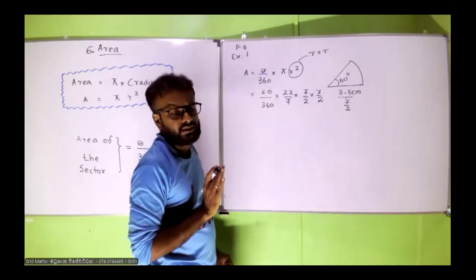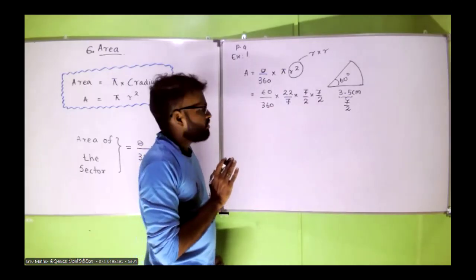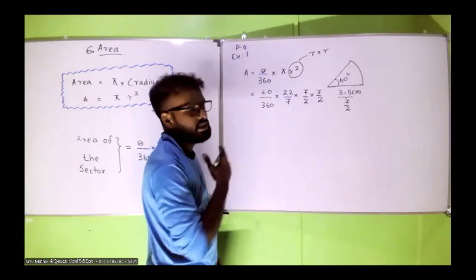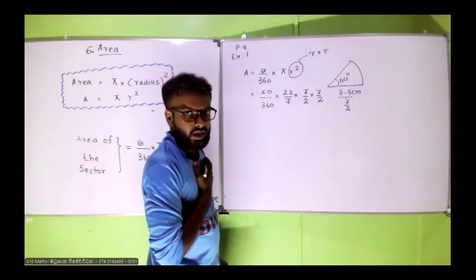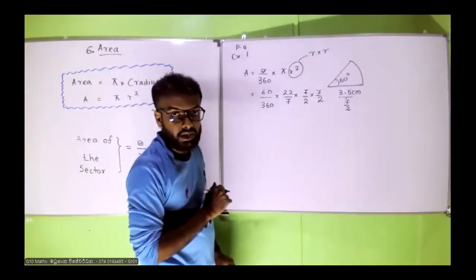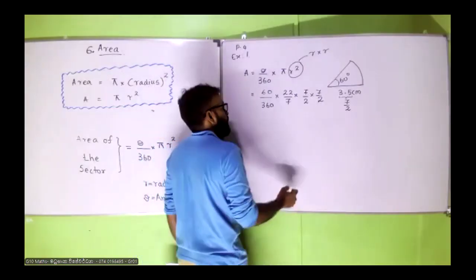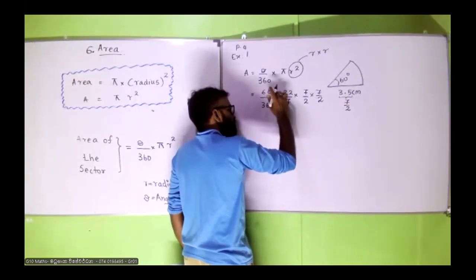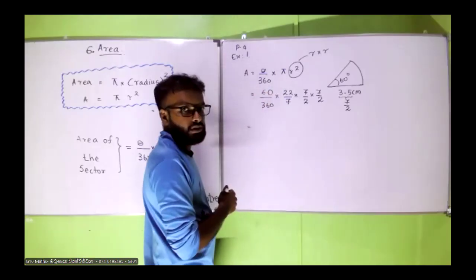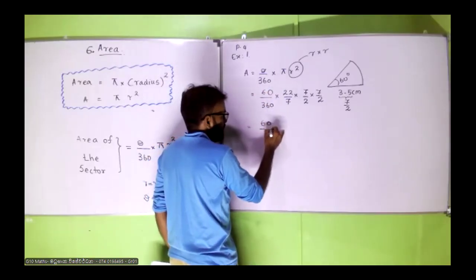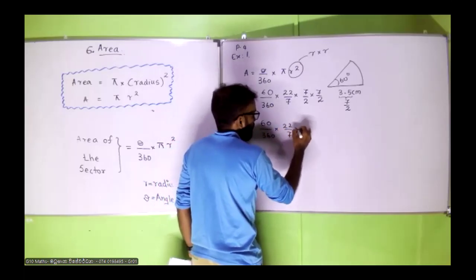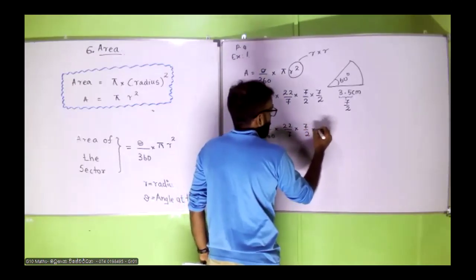I am writing it like this because of the easiness for simplification. For me, this way is easy, to make the matter easy, for the simplification in the numerator and the denominator itself. I will write this again so that you can clearly separate the steps. 60 over 360, 22/7 multiplied by 7/2 multiplied by 7/2.